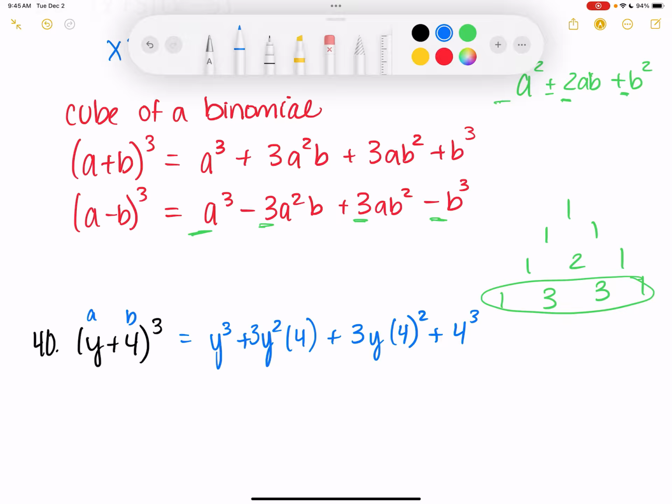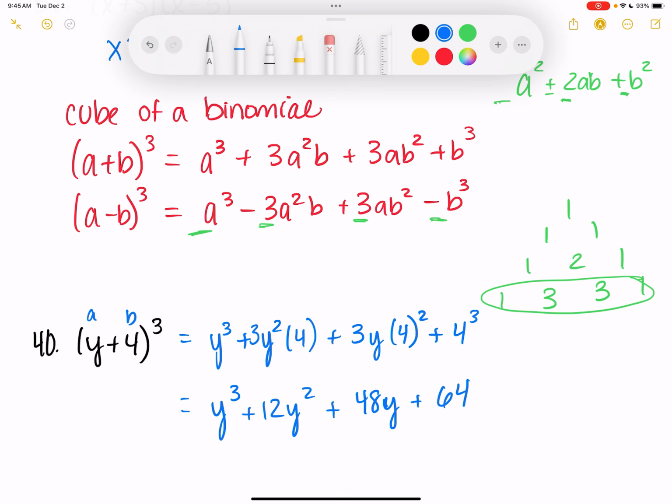Okay, so then now this would become y cubed plus 12y squared plus 48y plus 64. So the end doesn't necessarily look like this, right?